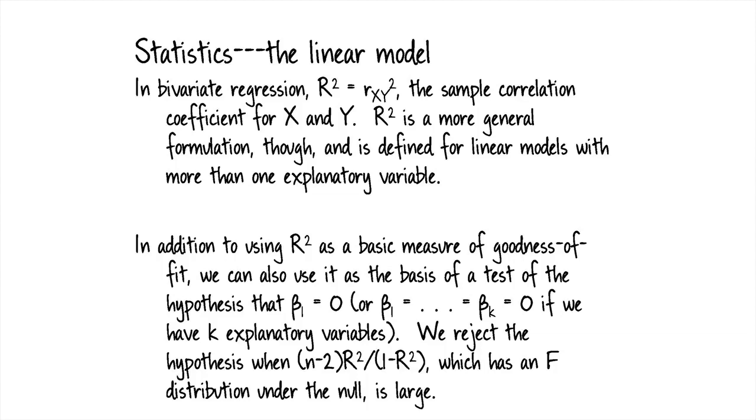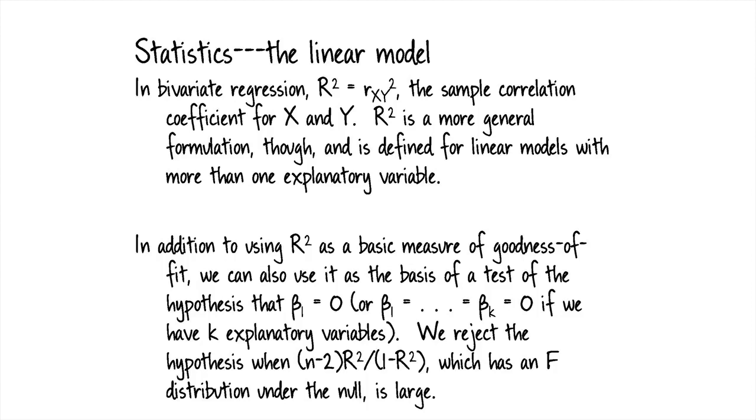So what exactly is this test? Well, we create this test statistic, which is just equal to n minus 2 times R squared over 1 minus R squared. And it turns out that this thing, under the assumption that the errors are normally distributed, has an F distribution under the null. And it's going to be large. So we're going to reject the null if it's large.